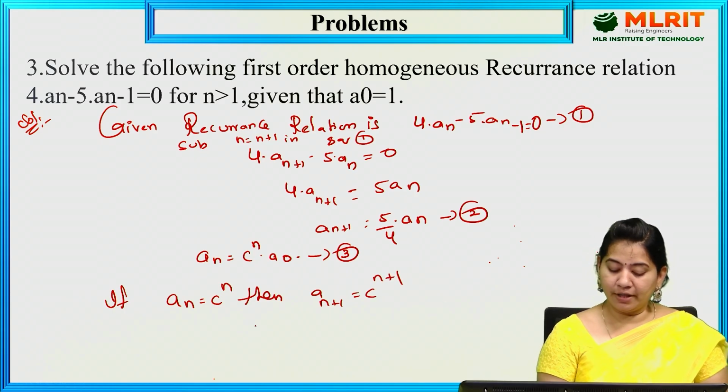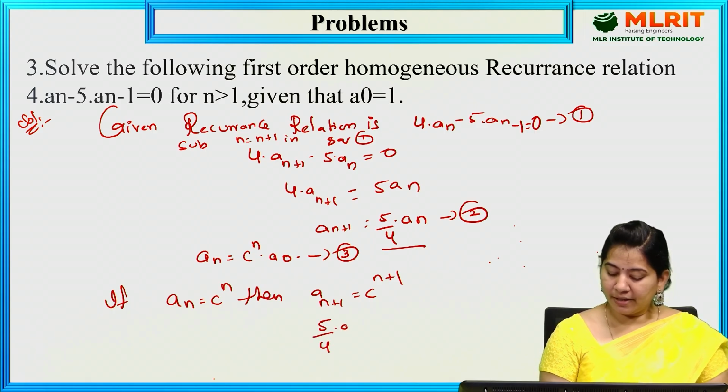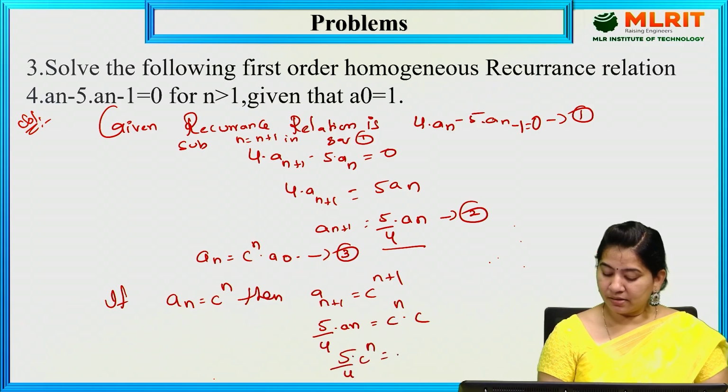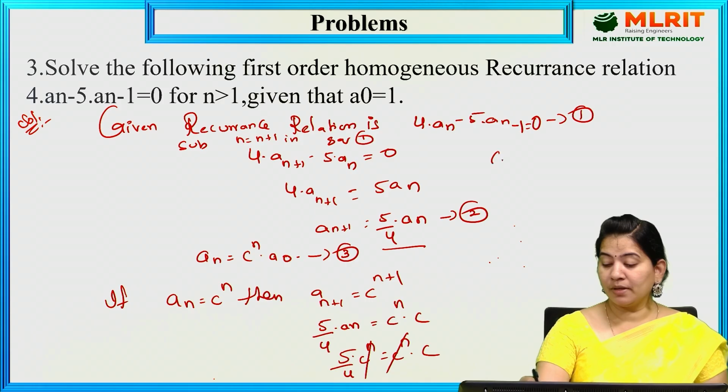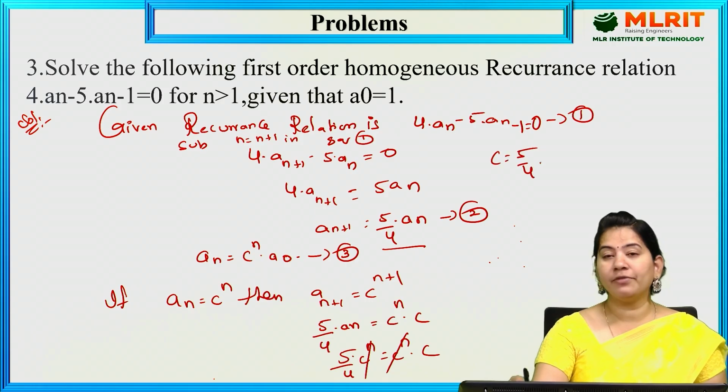So substitute in an plus 1 is equal to 5 by 4 into an: c power n into c equals 5 by 4 into c power n. C power n will get cancelled. C is equal to 5 by 4.